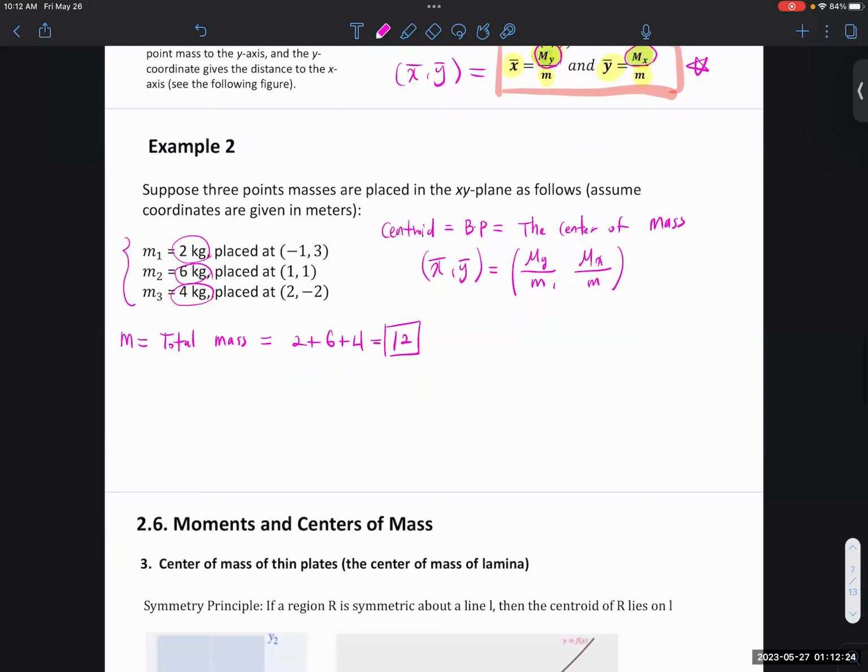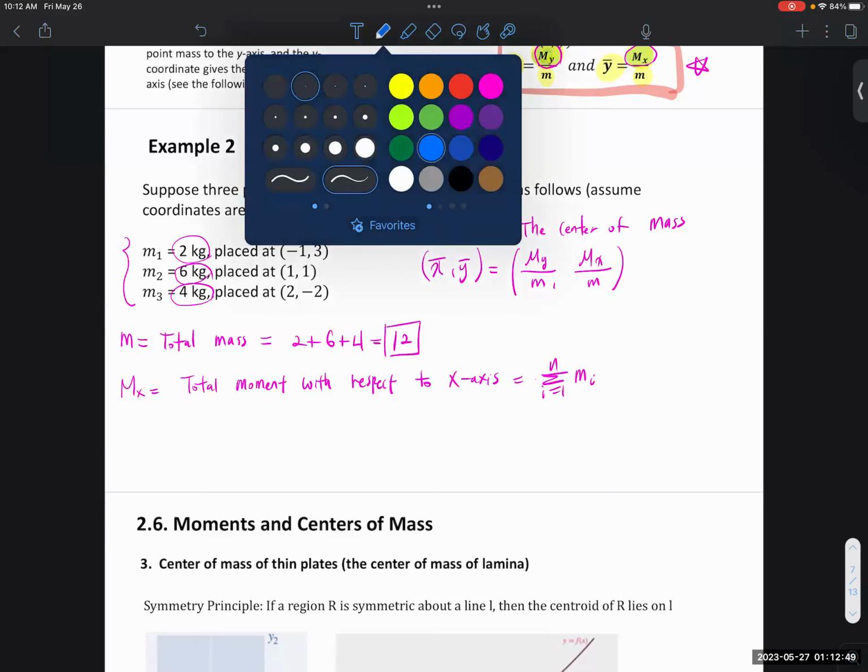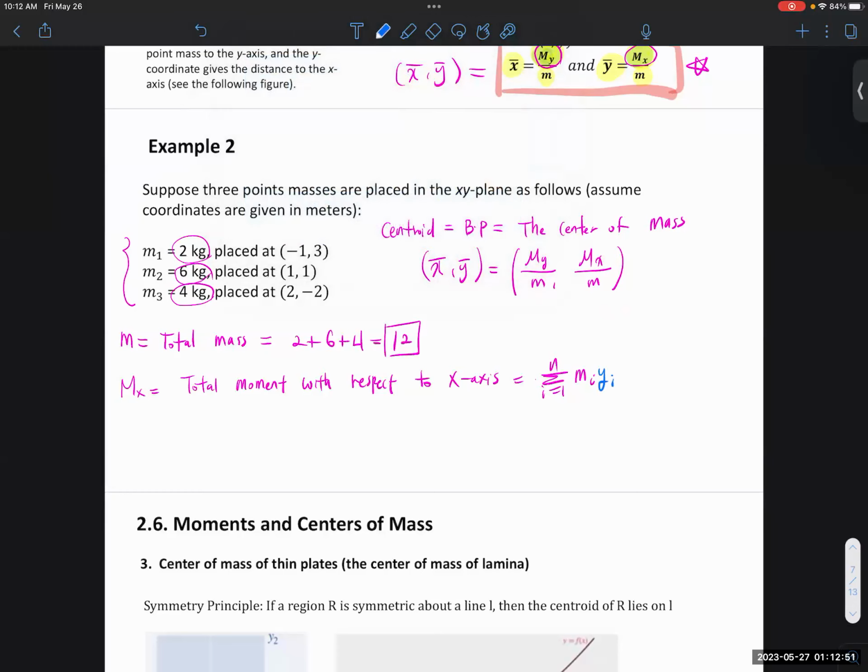And then we're going to find the capital Mx. What does it mean? This is the total moment with respect to the x-axis. We know the formula: the sum of mi, and be careful, you multiply by yi, correct?